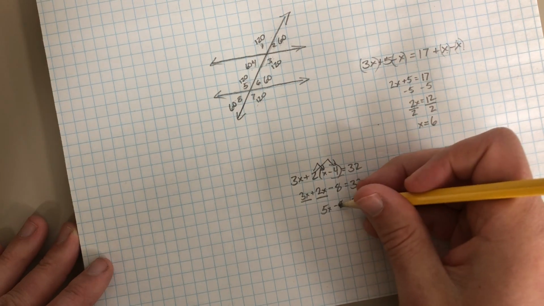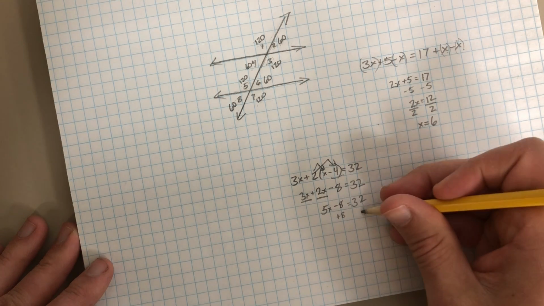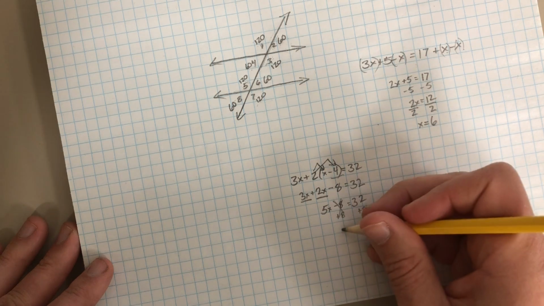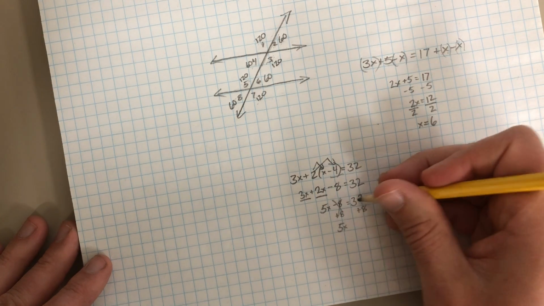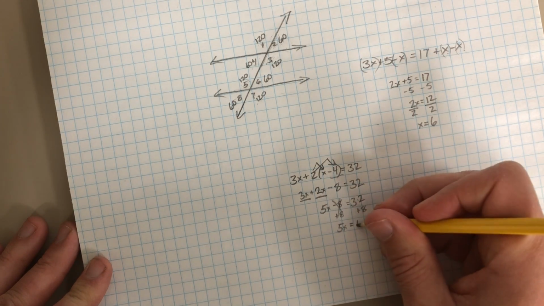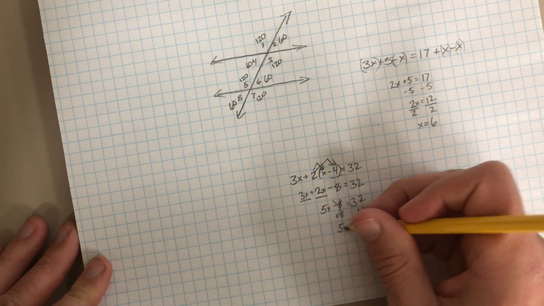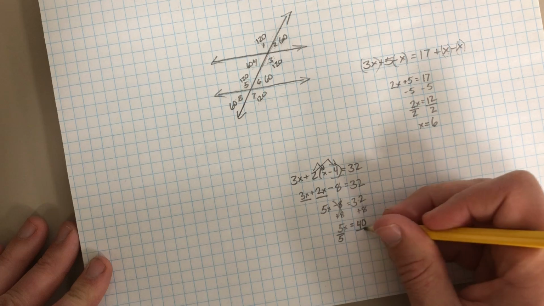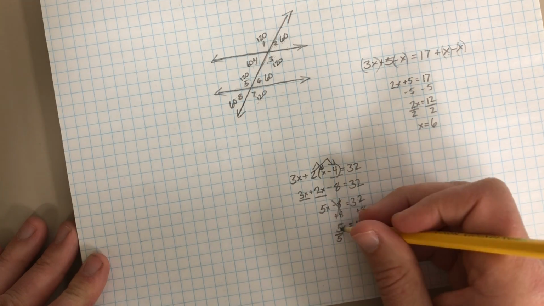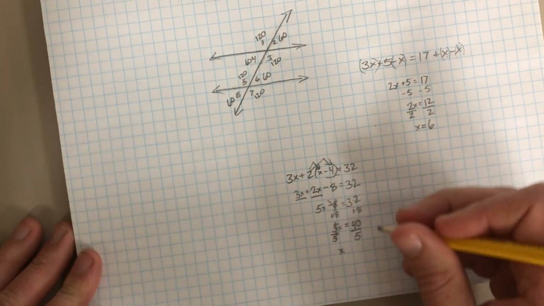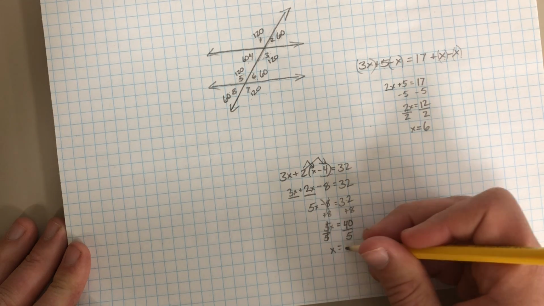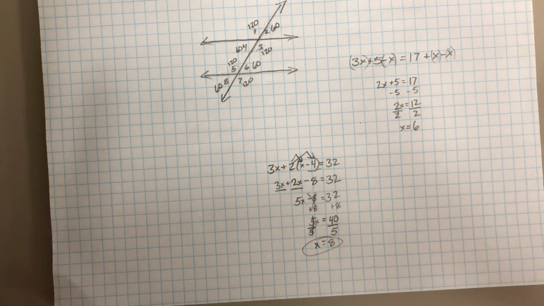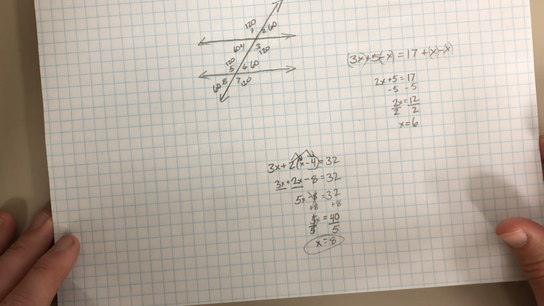Now, to get rid of this, I would add 8 to both sides, right? Inverse operation. So that cancels out, leaves me with 5x, and 32 plus 8 equals 40. Again, to get x by itself, instead of multiplying, I divide, use the inverse operation, and that'll cancel out, leaves me with x. 40 divided by 5 is 8, therefore x equals 8. And that's all there is to simplifying an expression.